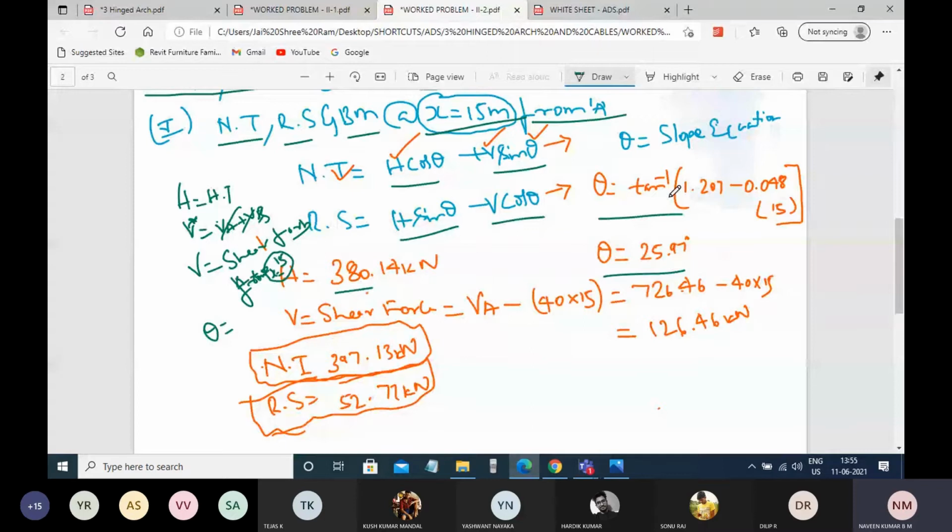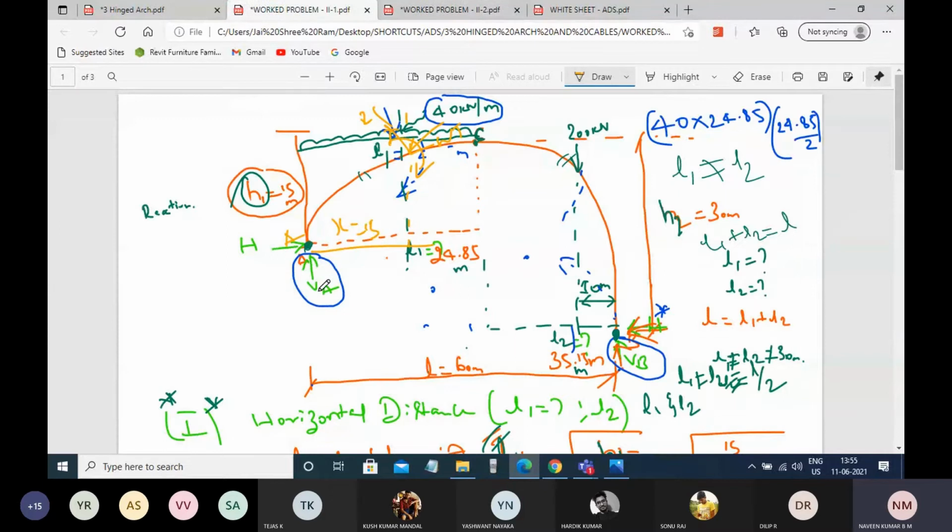Okay, so the H value we can get from the previous calculations, and very important is this one. What forces are acting from A to 15 meter? One is VA acting vertically upward, so you can consider plus VA, and the UDL up to 15 meter. The intensity of UDL is 40.